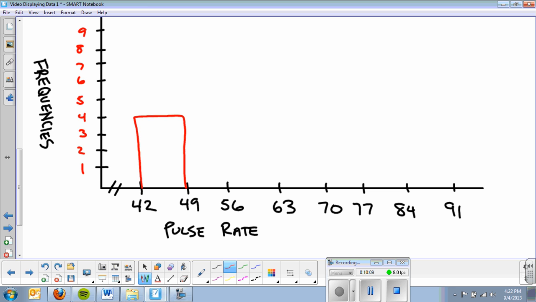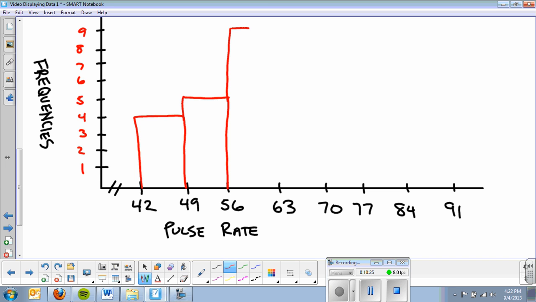49 to 56 was 5, so I try to get as close as I can. I'll give you graph paper so you can be a little more precise. 56 to 63 was 9, so we go all the way up to 9.